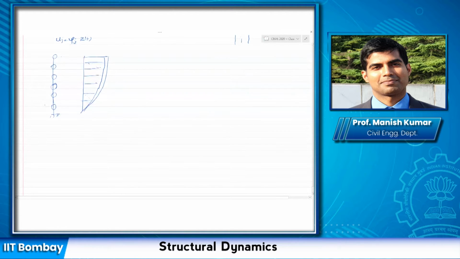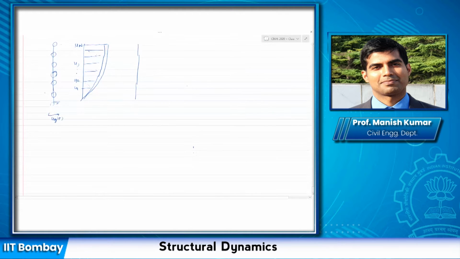Let us call the displacements U1, U2, and so on, Uj and Un. The inertial force on each of these masses would simply be mass times the acceleration.